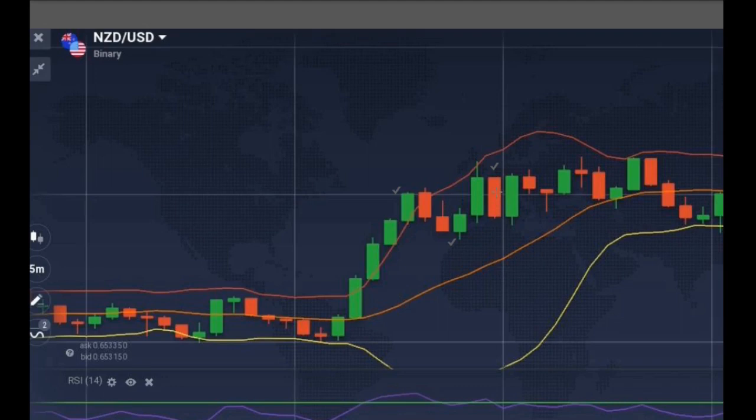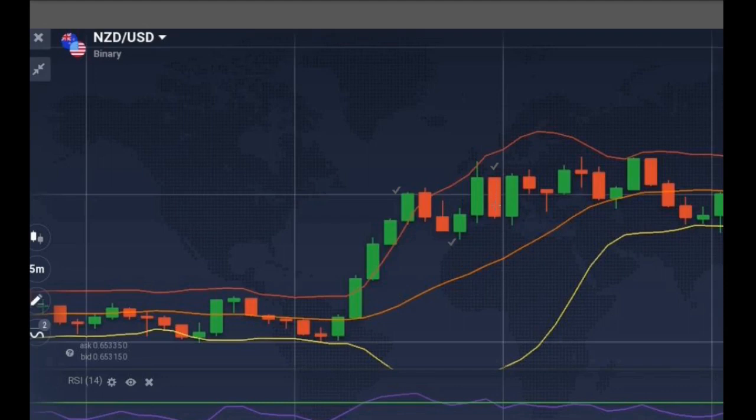The confirmation candle can be a shooting star, can be a star, or a Marubozu. Never trade a spinning top, never trade a doji.